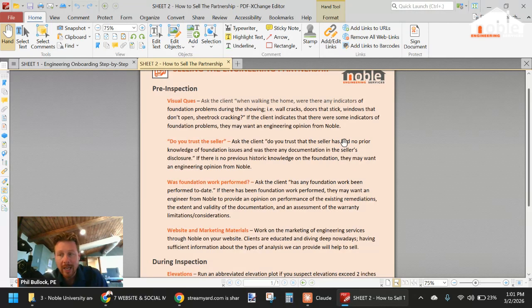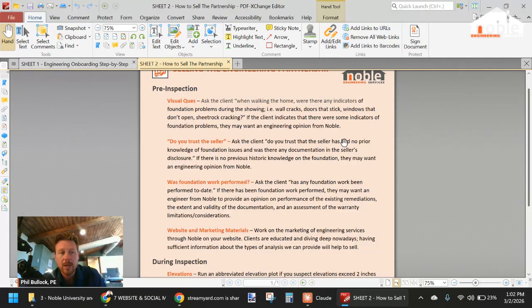So if you ask the client, were there any indicators of foundation problems during the showing? They're probably going to tell you that there are, especially in areas where there are consistent foundation, bad soils, consistent foundation. Their neighbor's home has a foundation problem. If you start asking about foundation, oftentimes there's something that indicates foundation problems.